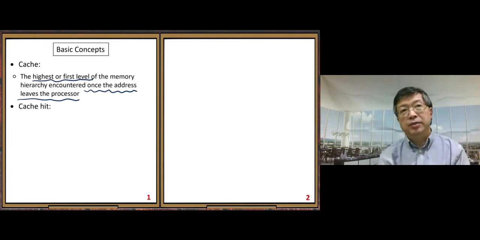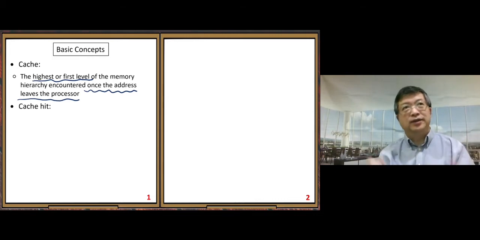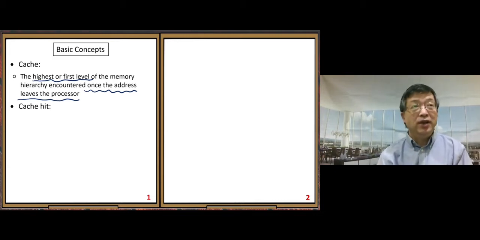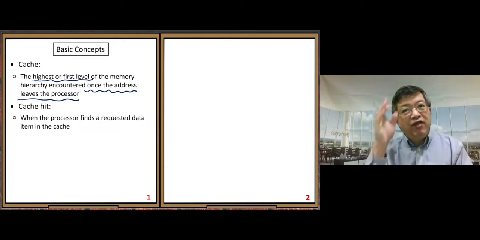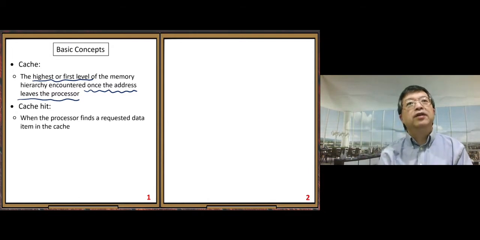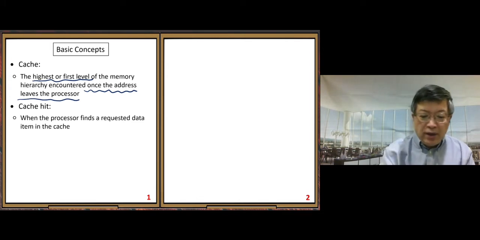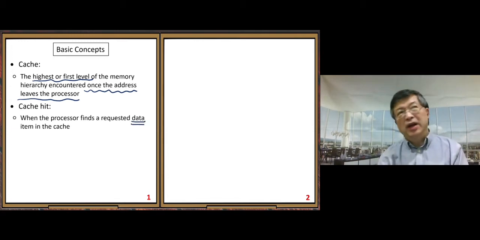Next concept, cache hit. We can guess the meaning easily. When the processor finds a requested data item in the cache. Requested data item, but here it just mentioned the data item, right?